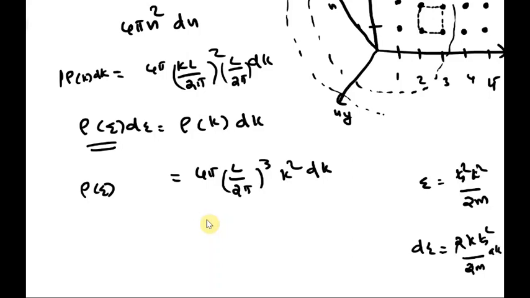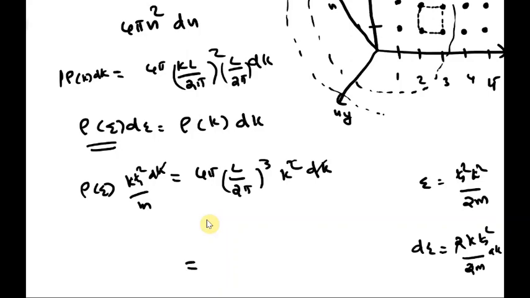So this is k h cross square by m dk, and you have dk on both sides, so you can cancel it, and m will come here, nothing else. One k will cancel here.